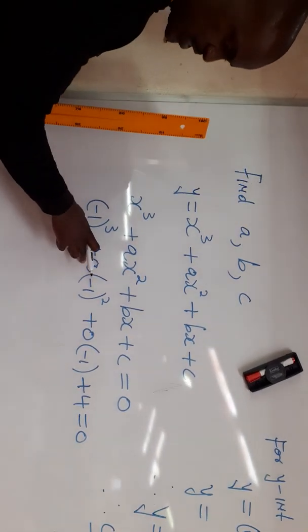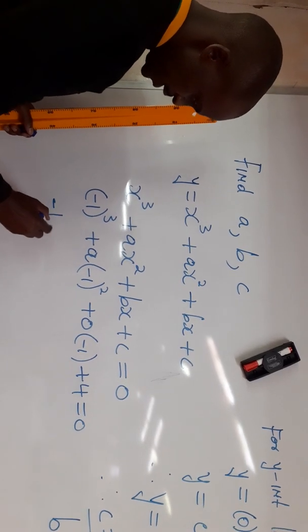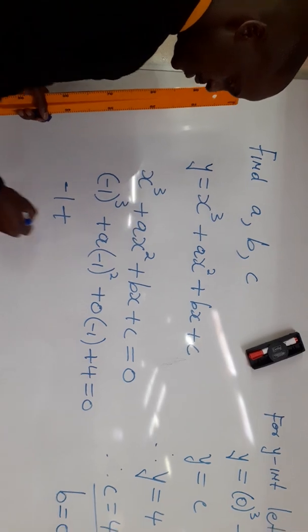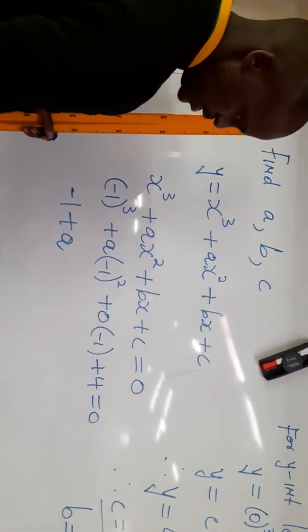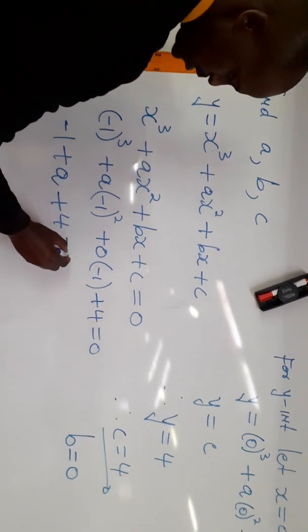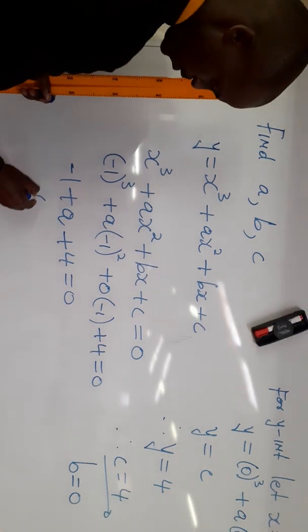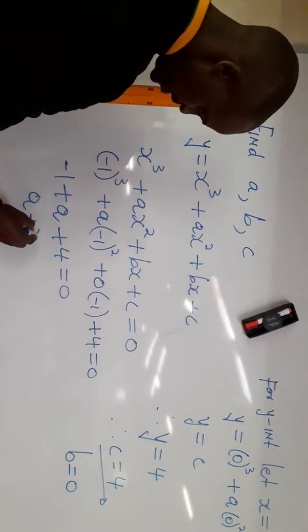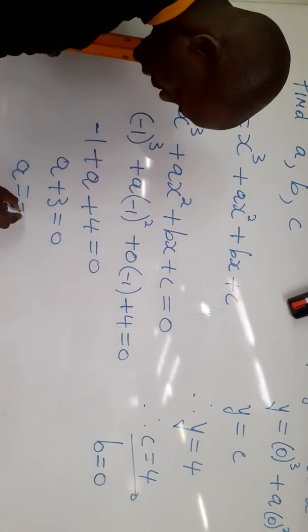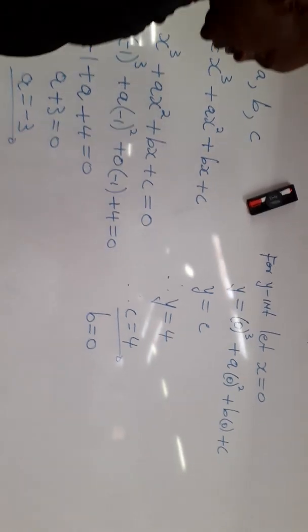Our unknown here is a. Minus 1 plus 1 times a, plus 4 equals 0. Minus 1 plus 4 is plus 3, so a is equal to negative 3.